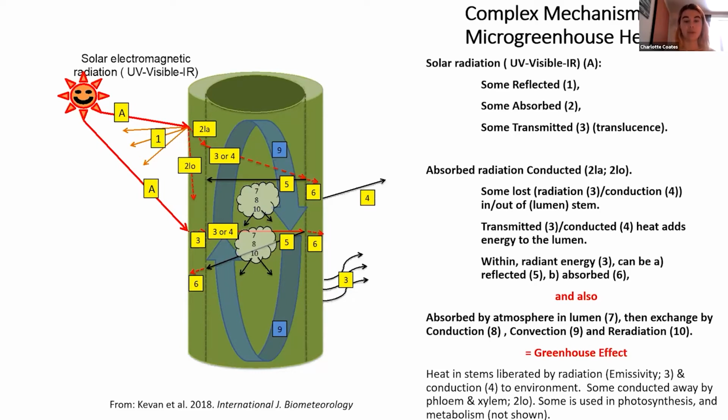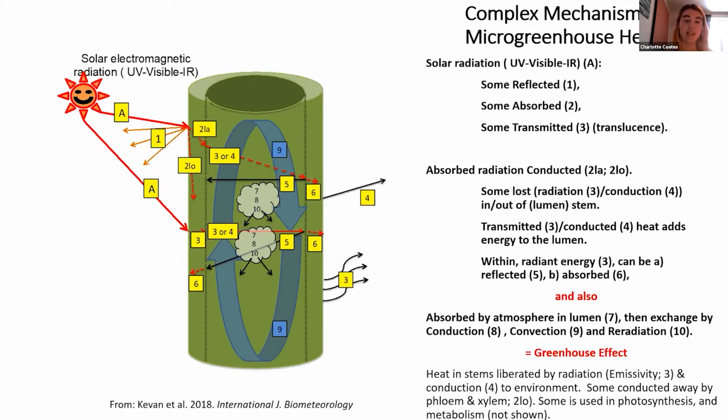And so this radiant energy can also be reflected and absorbed in a number of other ways. It can be absorbed by the atmosphere in the lumen and then be converted again through conduction, convection, or re-radiation. And all of these aspects contribute to the greenhouse effect within the stem.